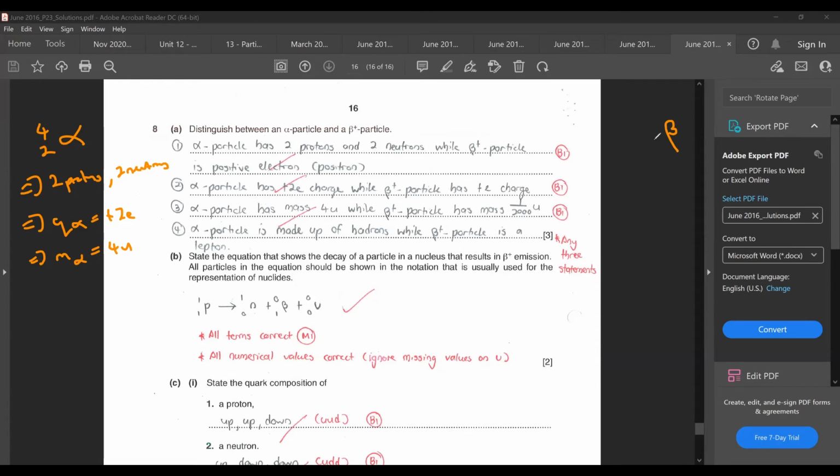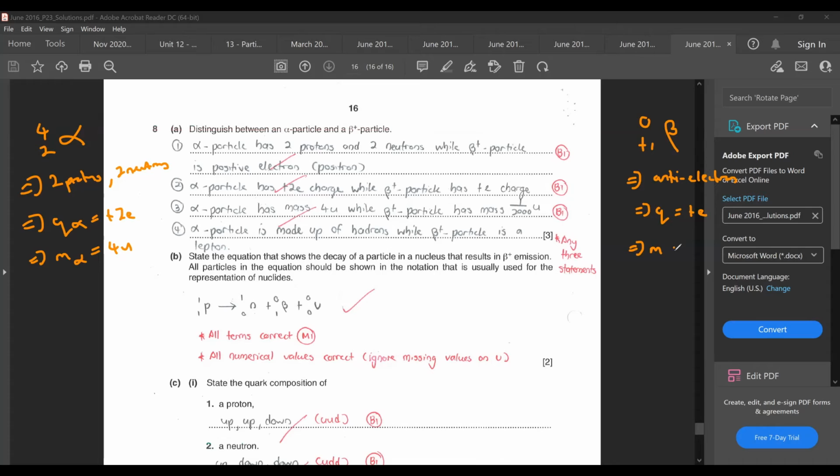But when it comes to positron, this one is your anti-electron. So the charge is going to be plus e.